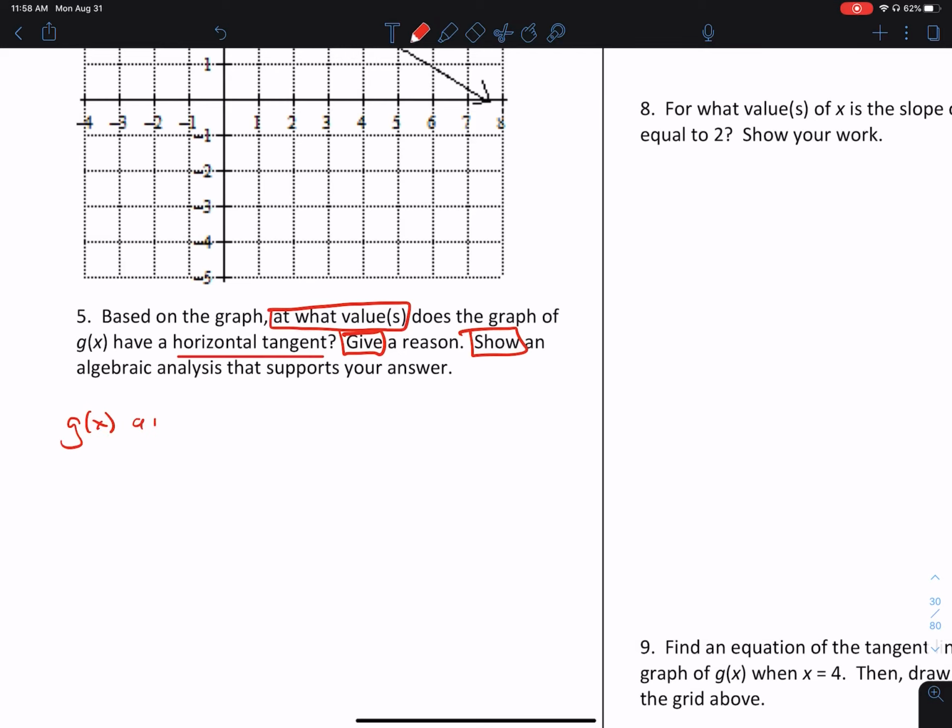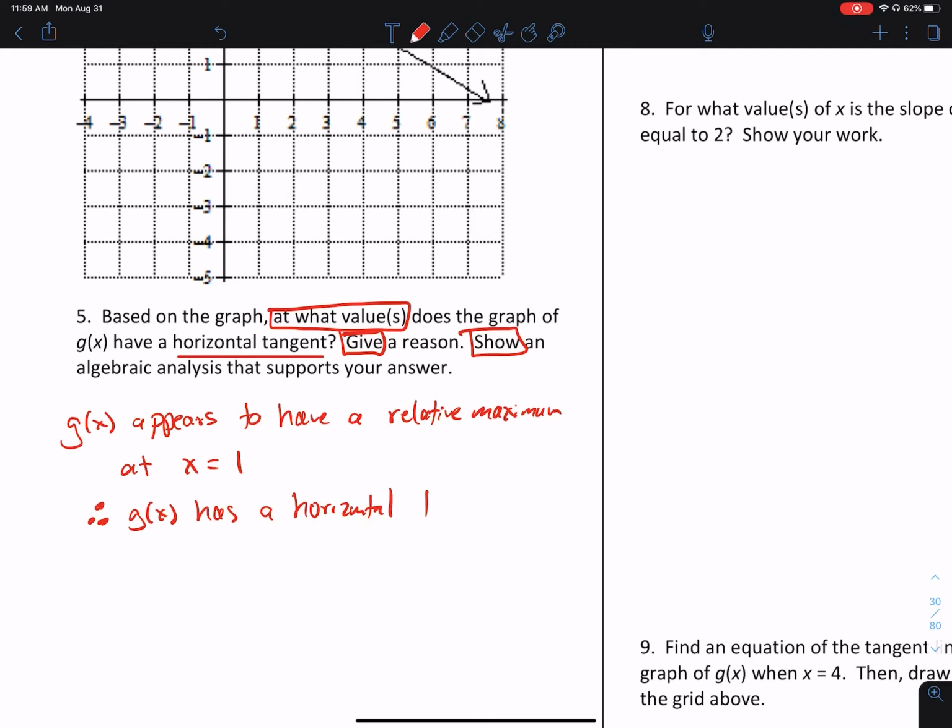G of x appears to have a relative maximum at x equals 1. Conclusion, therefore, g of x has a horizontal tangent at x equals 1.